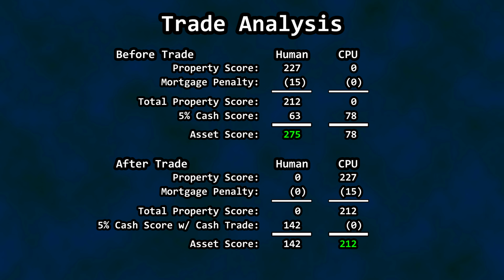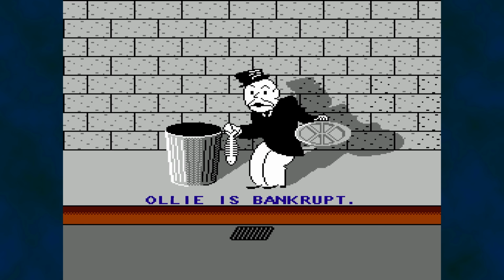That said, if the trade were to take place, there would be a very noticeable shift in asset score in favor of the computer. The trade AI has a case of tunnel vision with this trade, thanks to the shift in asset score that would occur after the trade. It does not account for the fact that it will have no money to pay the interest for the mortgaged properties it acquires. Therefore, Ollie is now bankrupt.